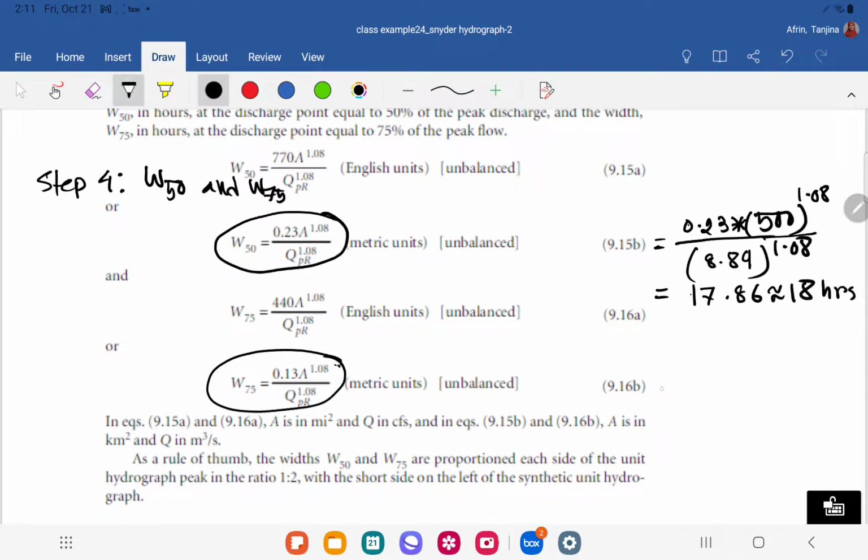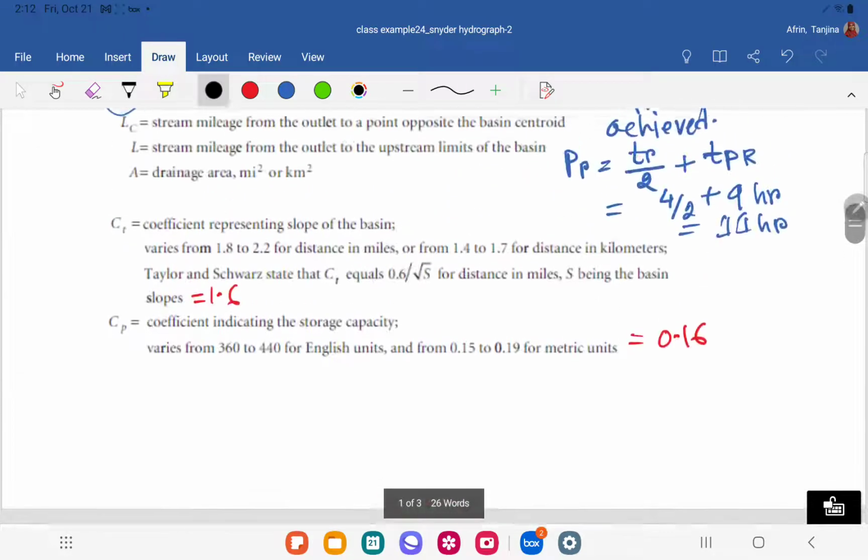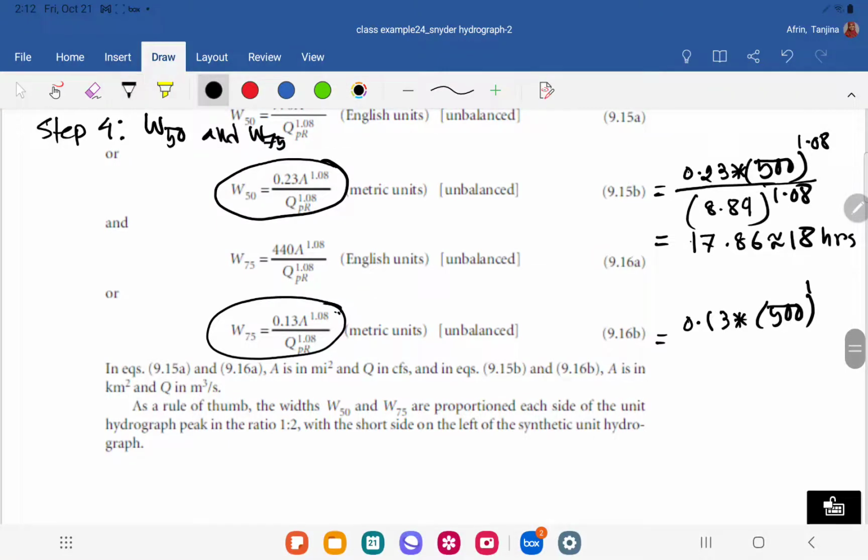hours. And for W75, if we do 0.13, A is 500 to the power 1.08, and QPR equals 8.89 to the power 1.08.